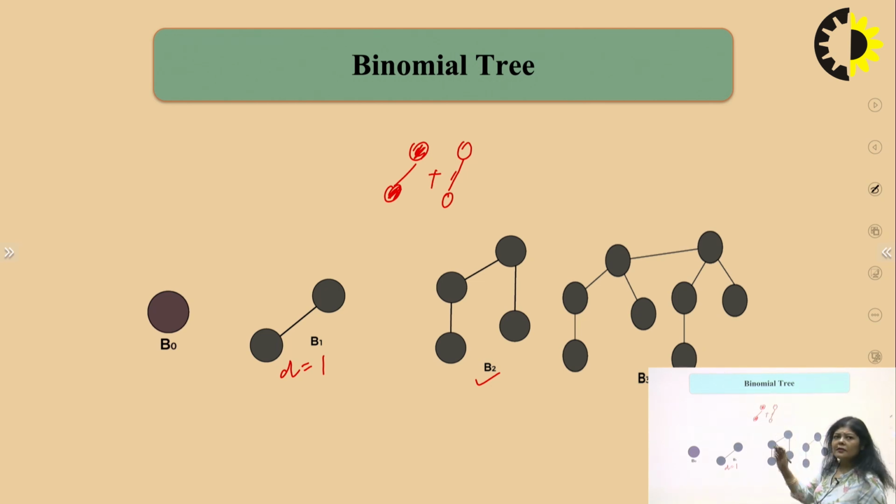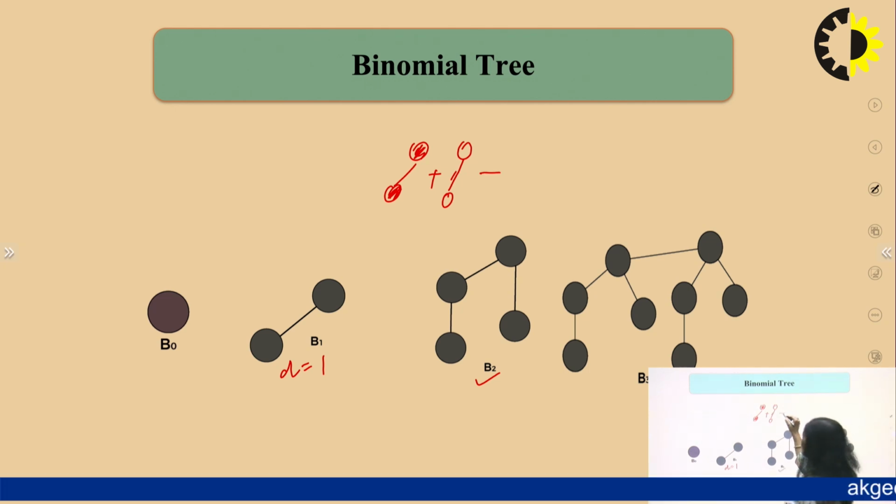Here plus is not an arithmetic operator, rather it is utilized here to show the union or the join operation performed over the binomial trees. This tree has degree 1 and this tree again has degree 1. Now how are we going to create a binomial tree of degree 2?